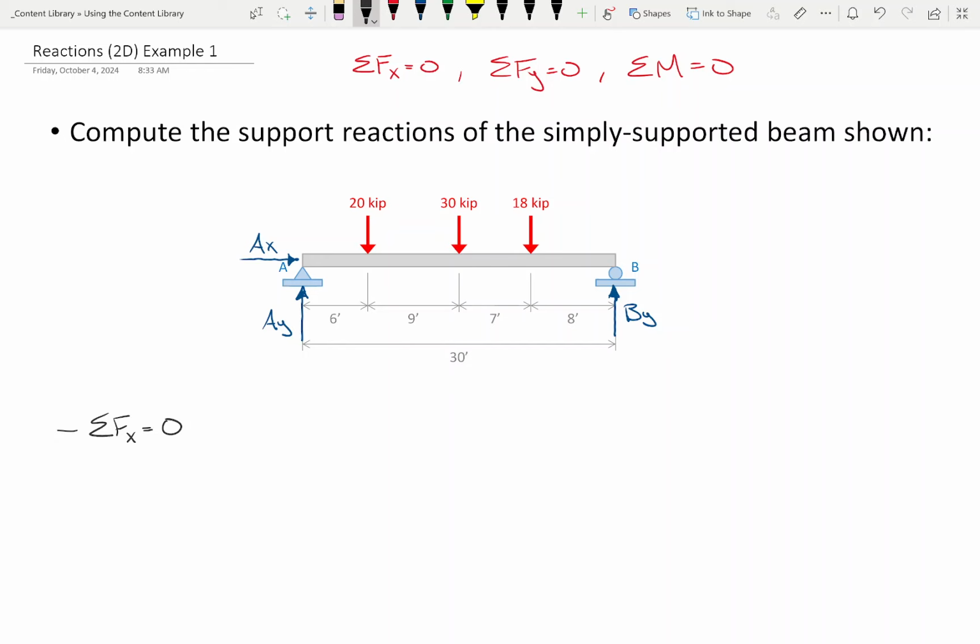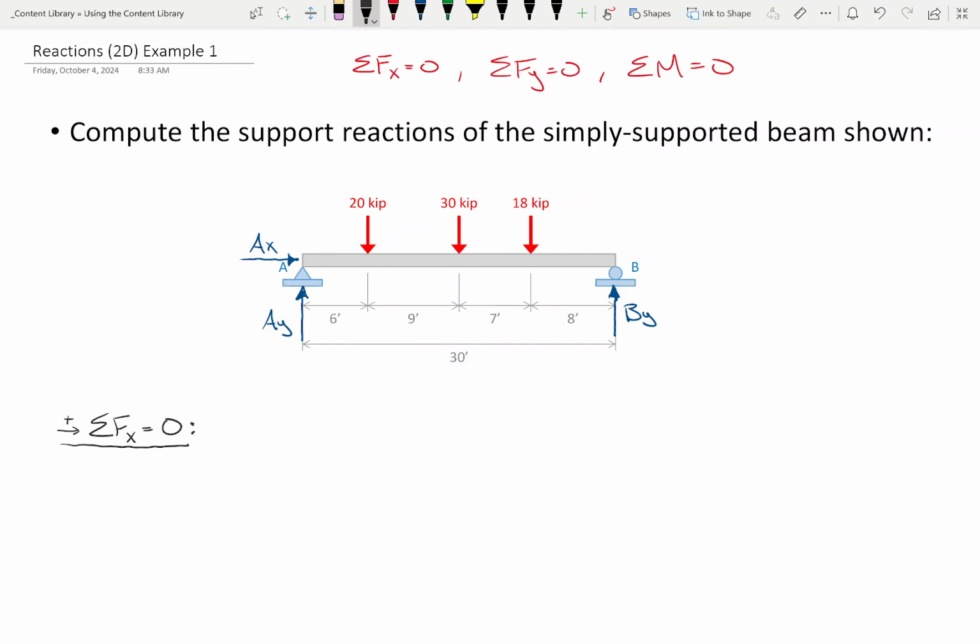I'm writing a little right arrow, and I'm saying that that's positive. So when I write this equation, if I have a positive value, it indicates a force to the right, and if I have a negative value, it's a force to the left.